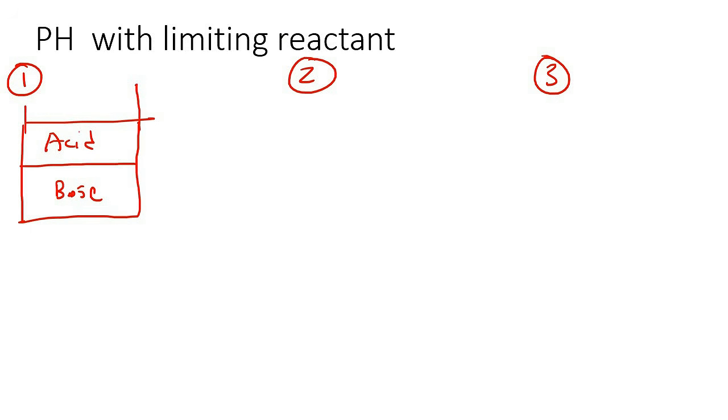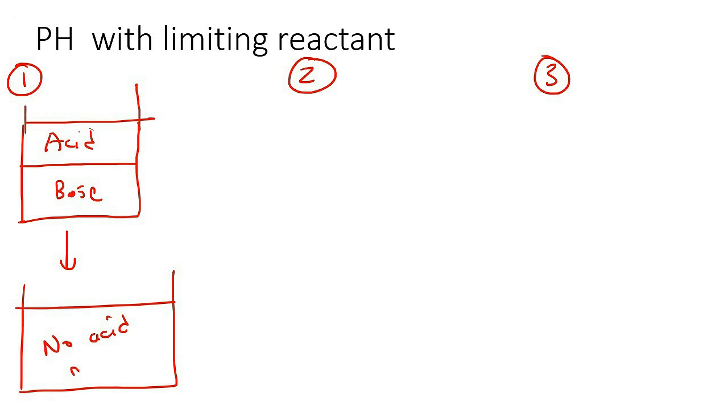So let's say you take an acid and you take a base and you add just the right amount of each one, so that we know that acids and bases react with each other and they neutralize each other. So if we have the perfect amount of acid and base, then what would you get in the final solution? Well, in the final solution, there would be no acid and no base.